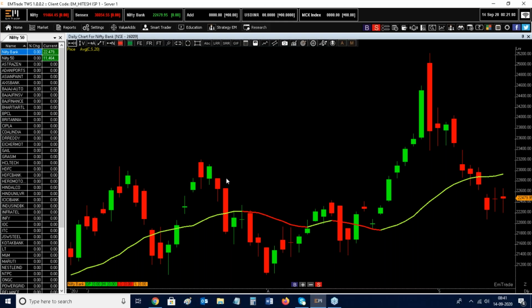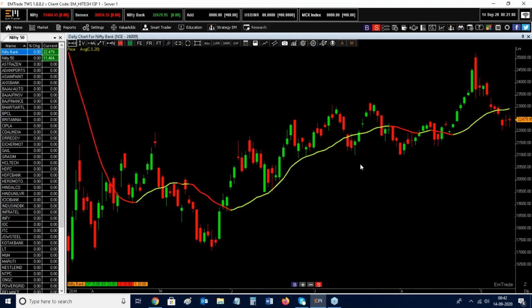If somebody has waited so long in the bank, he will wait for another, let's say, 15 days to see all the facts and figures regarding the loan moratorium. So that will keep Bank Nifty in this range for the next 15 days. Right?